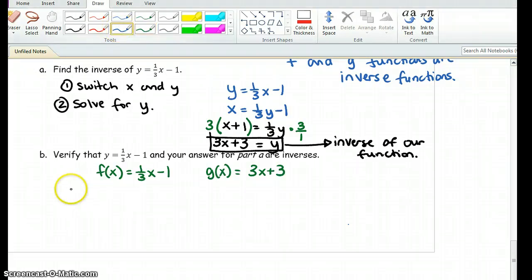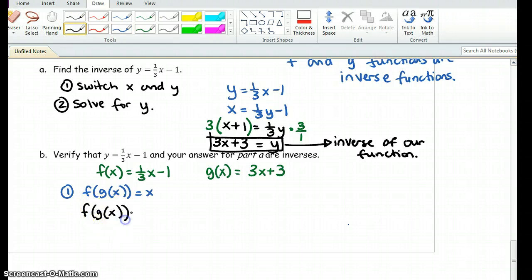Alright, so the first step is we need to prove that f of g of x equals x. So I'm going to go ahead and start with the f function first. F of g of x equals, and I'm going to write the f function. And instead of that x, I'm going to put open parentheses minus 1. If there were 3 x's, I would have 3 parentheses instead of writing those x's.